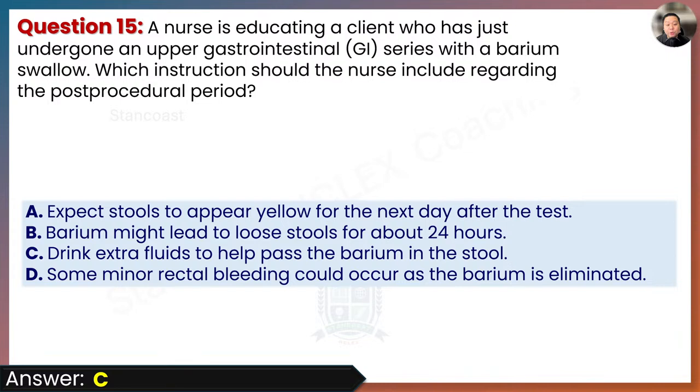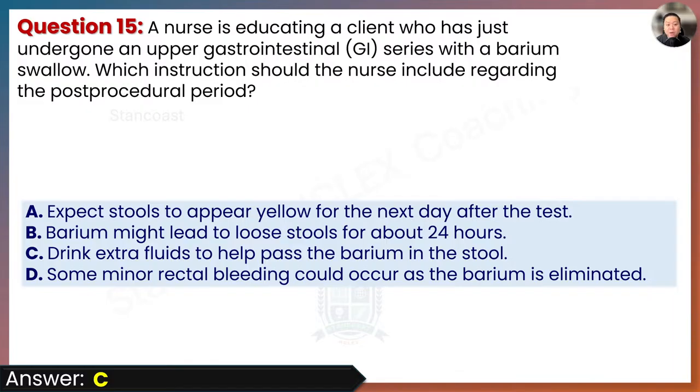So, your patient here just had an upper GI series with a barium swallow, and you need to educate them on what to expect afterward. So the goal here is to make sure they clear the barium from their gastrointestinal system to prevent complications such as constipation or even impaction.